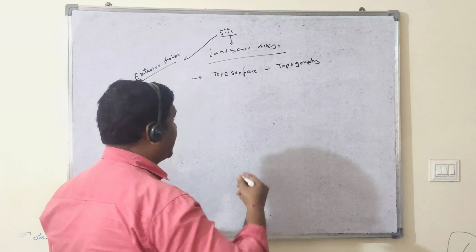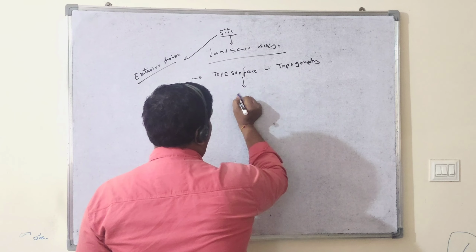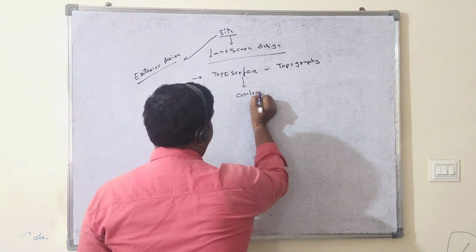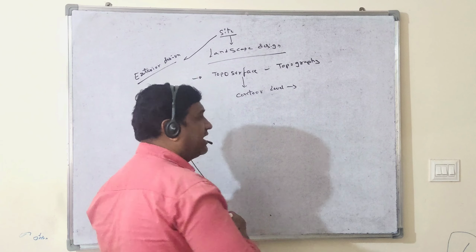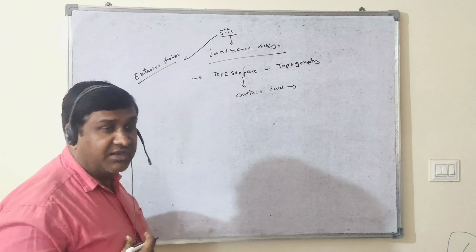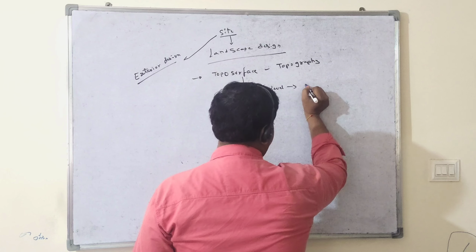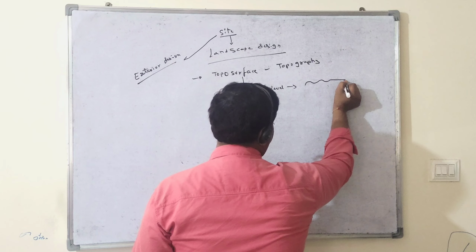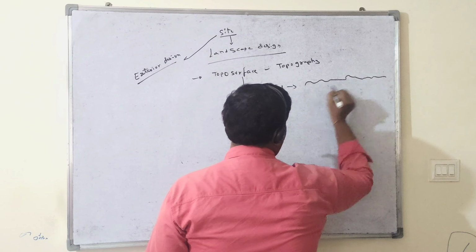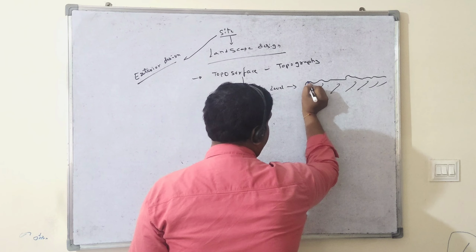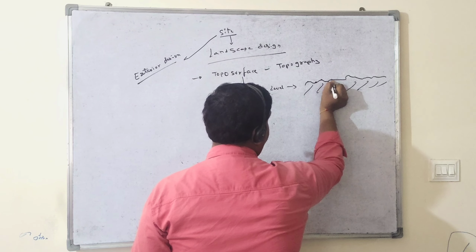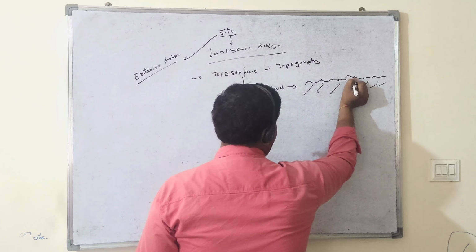Because in topo surface again there will be contour levels. You just remember this name, contour levels. There will be different contour levels, because the topo surface means the mud. Maybe your mud is like that, maybe like that, maybe like that. So at each and every point, a contour point will be created here.